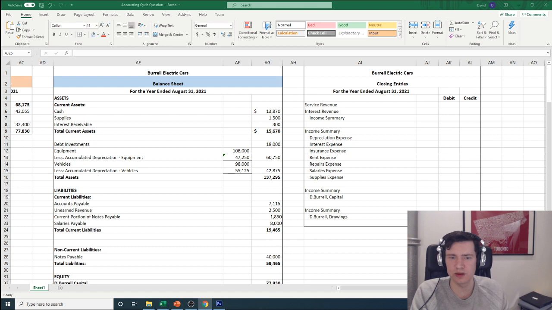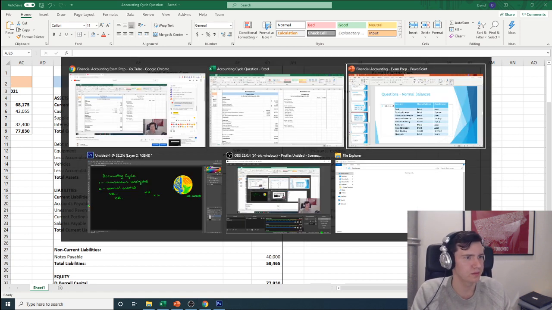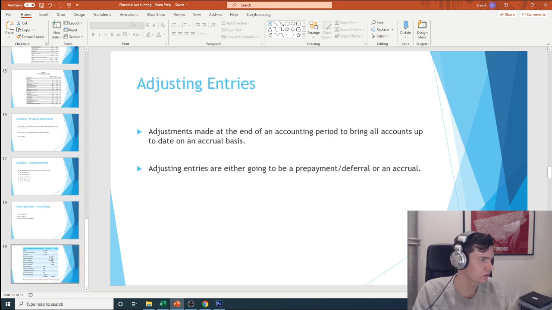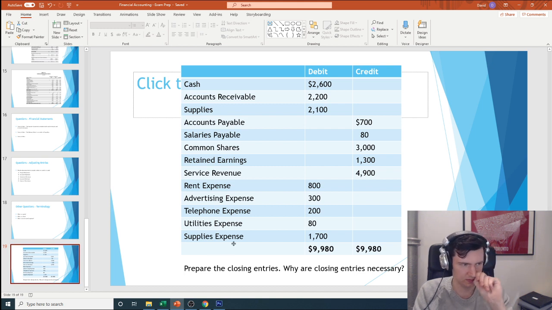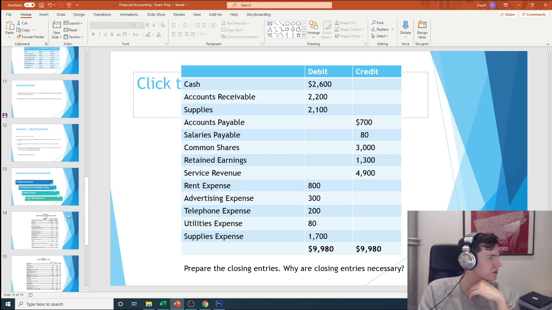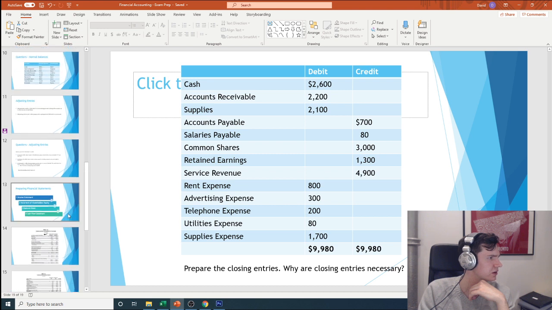What is the point of closing entries? Let's go to our PowerPoint slides. I actually don't have one for closing entries. Not sure why I don't.